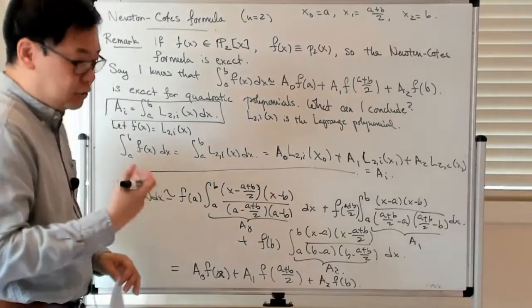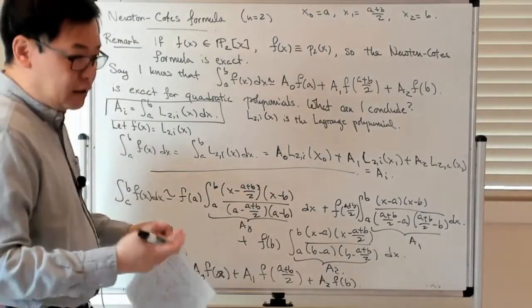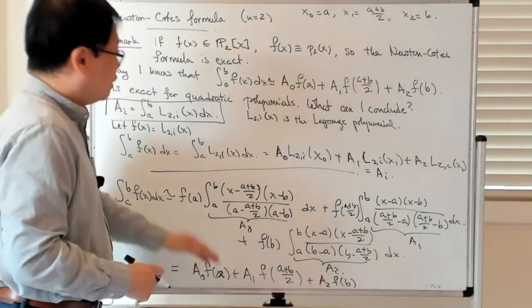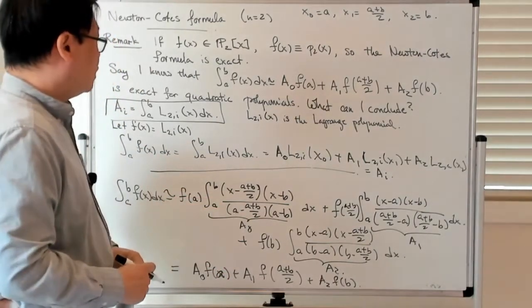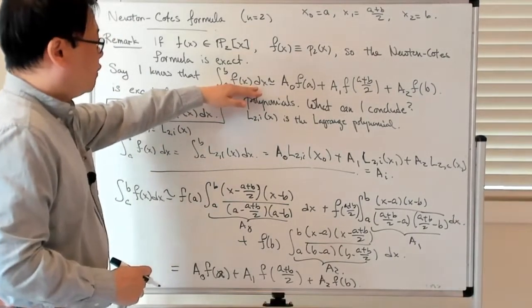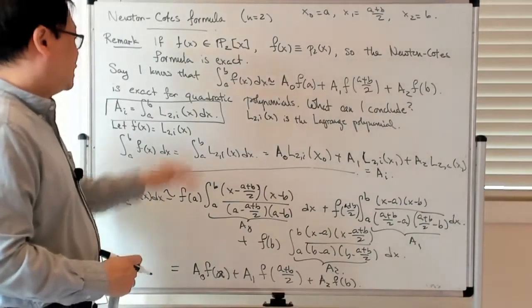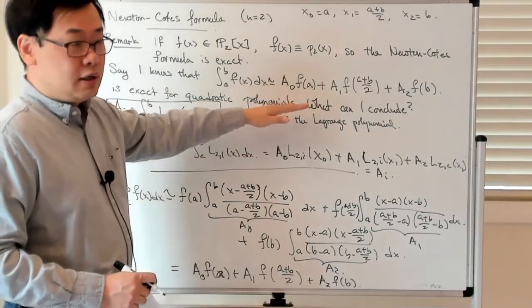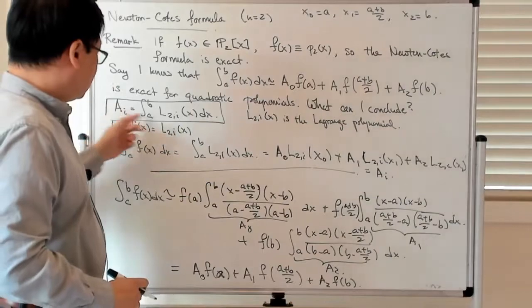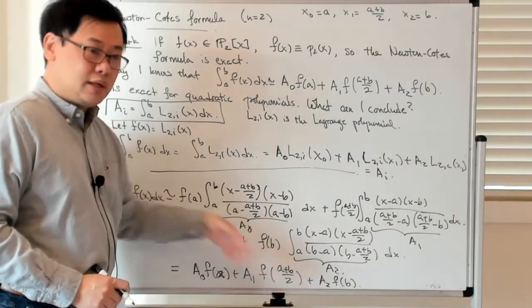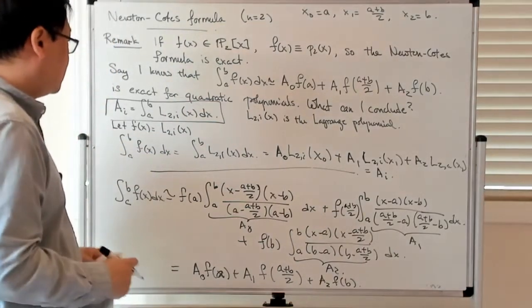So if f is a quadratic, a linear polynomial, or just a constant, this would be exact. Conversely, if I approximate f of x by this linear combination, and the formula is exact up to quadratic polynomials, then those coefficients have to be given by these integrals of the corresponding Lagrange polynomials. So that's an if and only if statement.